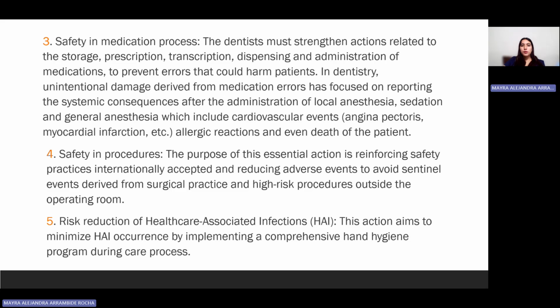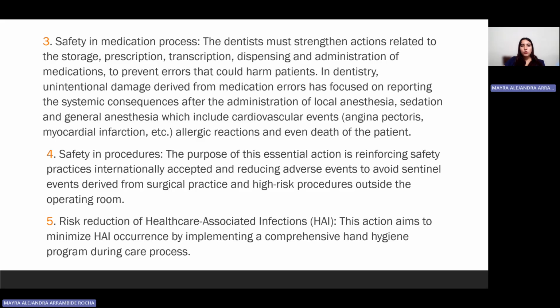Safety in medication process. The dentist must strengthen actions related to the storage, prescription, transcription, dispensing, and administration of medicaments to prevent errors that could harm patients.